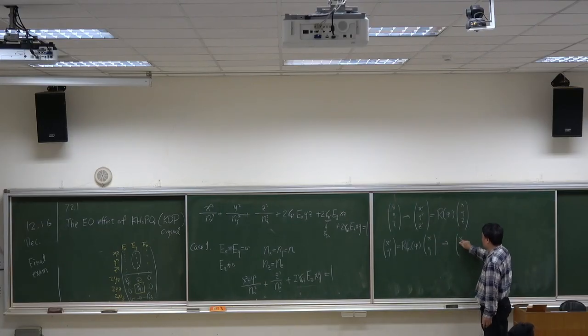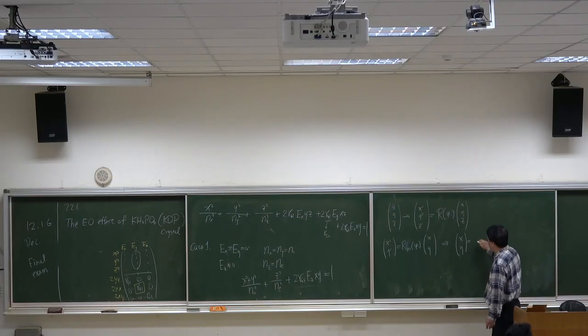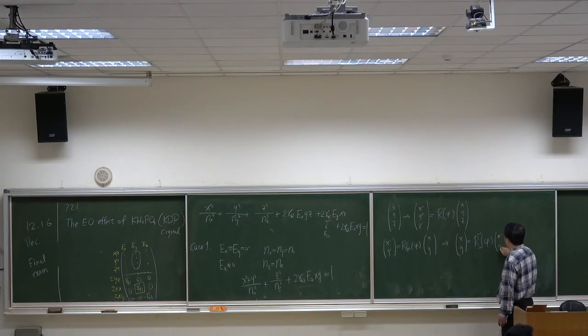And we can rewrite x, y as R inverse, 2 by 2, times x prime, y prime.